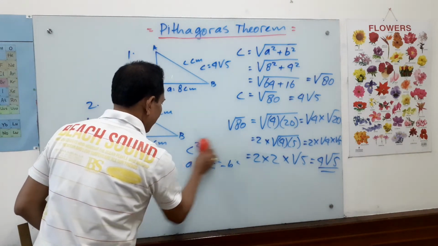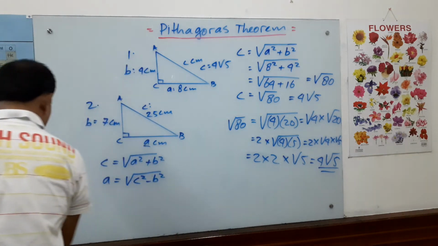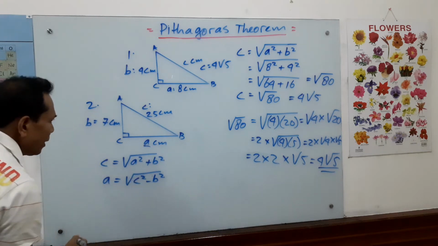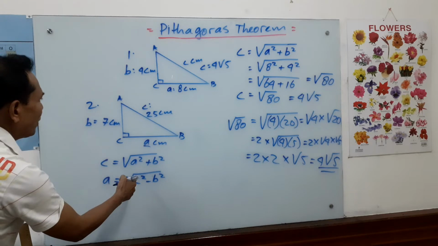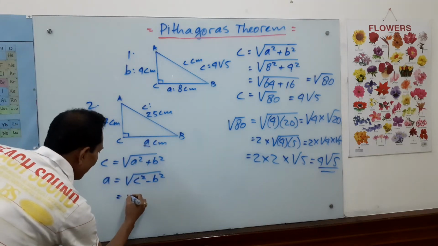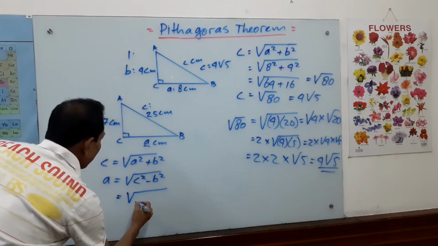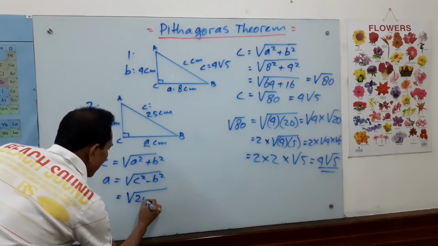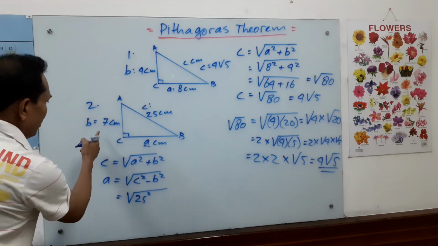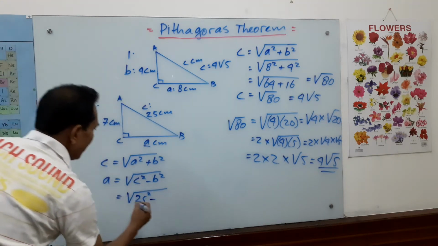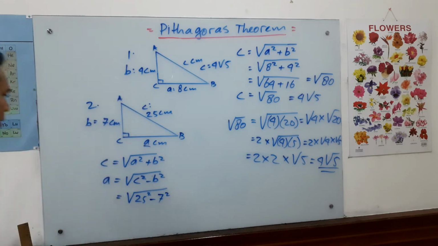Oh, I erase this. Okay, so we continue with this. C square, we know C is 25, so 25 square minus 7 square.